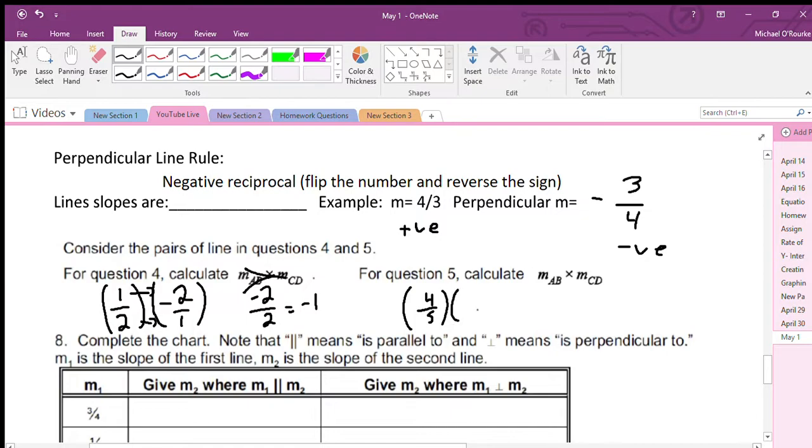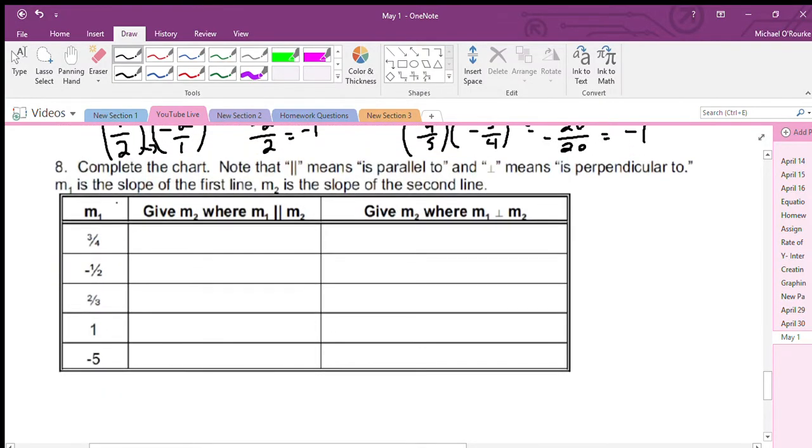Then the negative reciprocal would be negative 5 over 4, which gives negative 20 over 20, which equals negative 1. So if you multiply two slopes together and you want to know if they're really perpendicular, you'll get a negative 1.